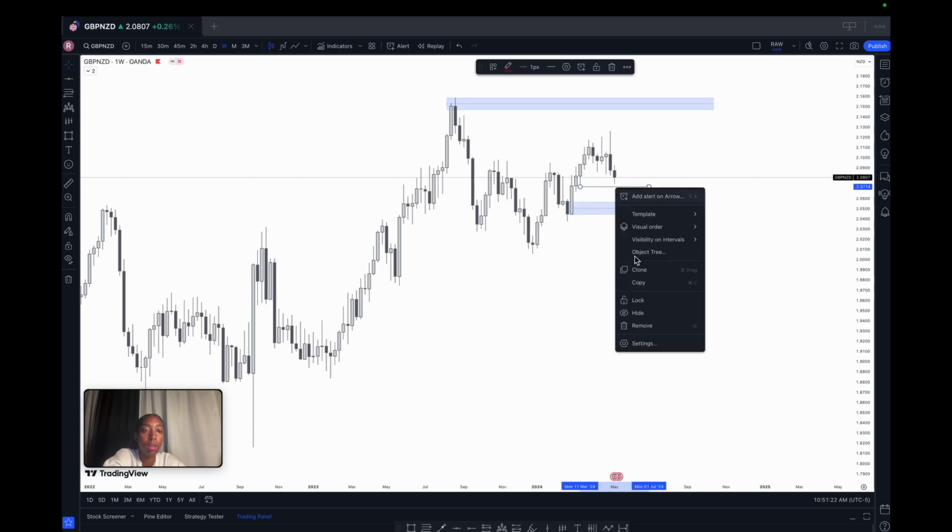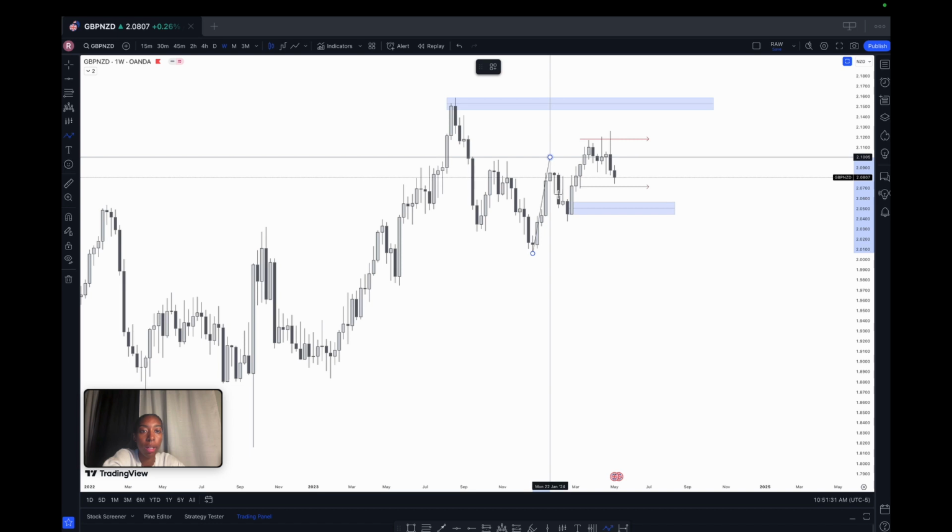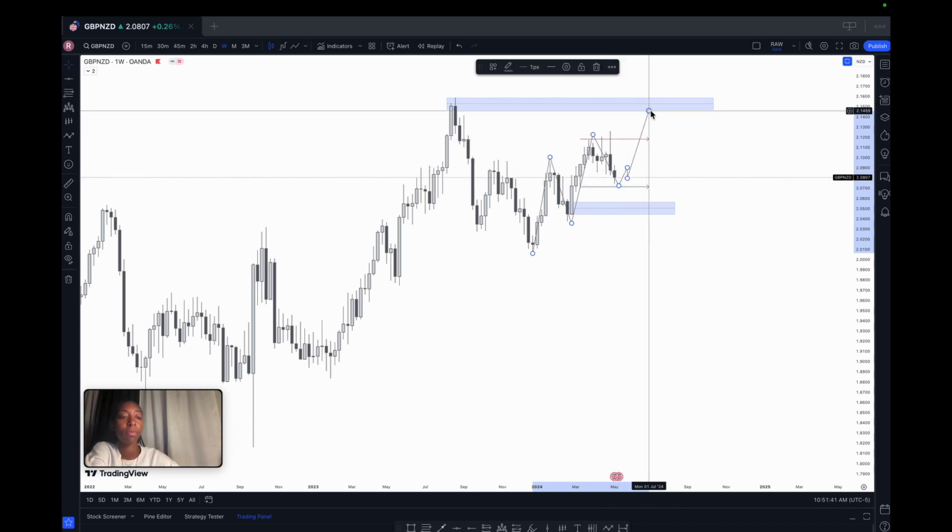Let's draw this on as well, because this could be the TP. So when we have a higher low, higher high, because it broke this high, and then we're at the end of the pullback to shift on up. First TP, second TP, right?